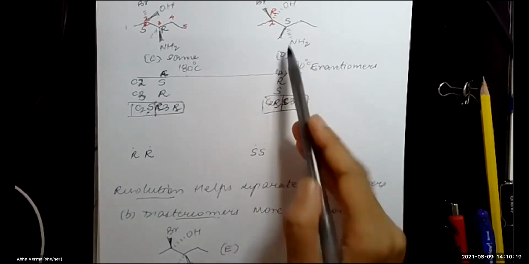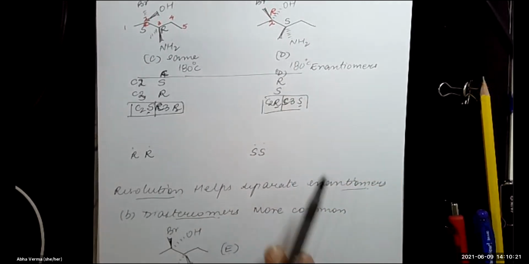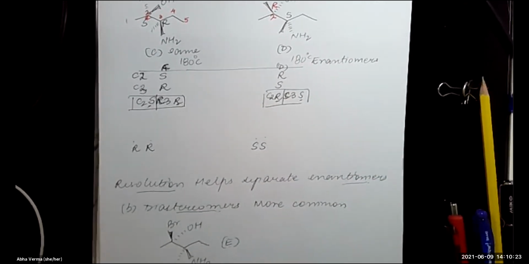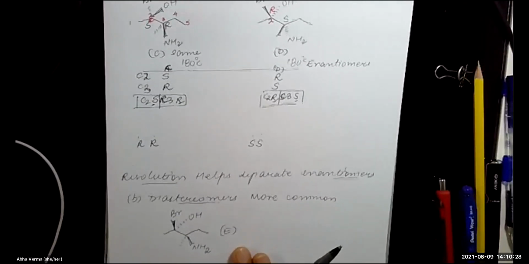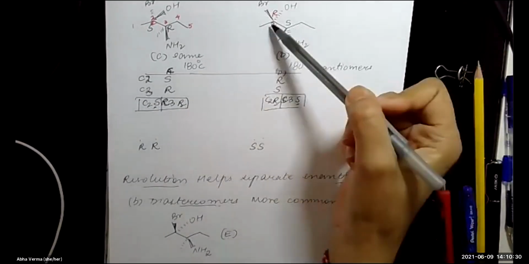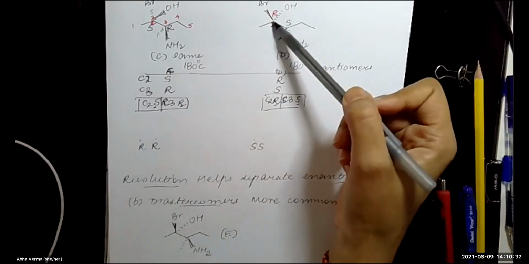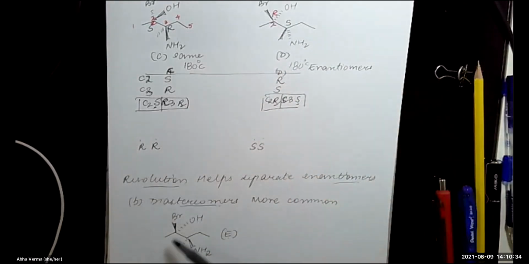How do I know it's a little different? You can see at their attachments also. So this Br and this OH, Br on the wedge, OH at the back.